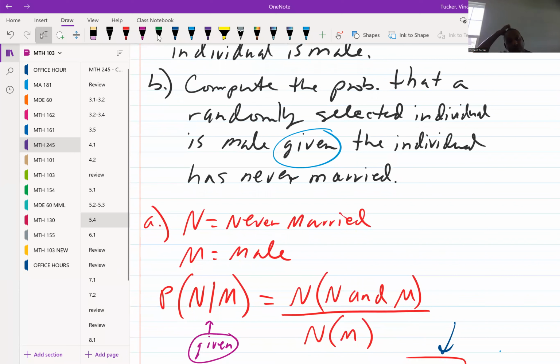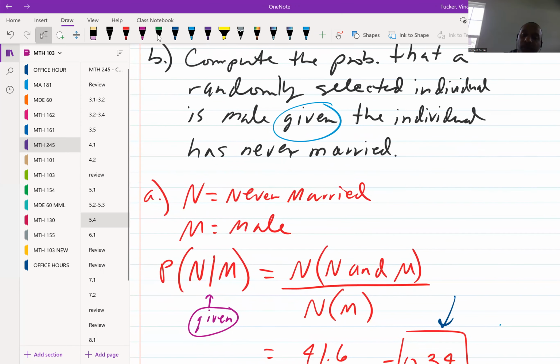All right. So the first one, we want the probability that the person chosen never married, given that he was a male. So up top is going to be both of those events, and on bottom is going to be male.